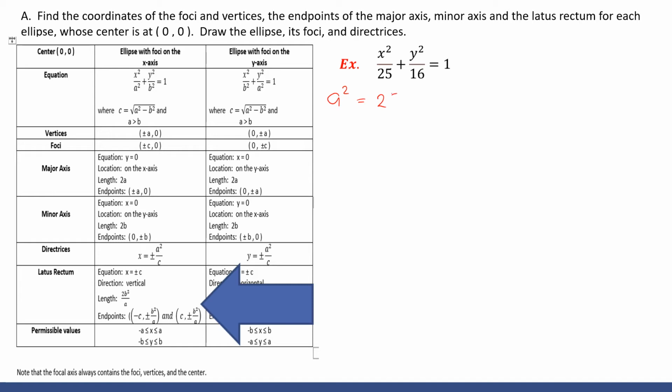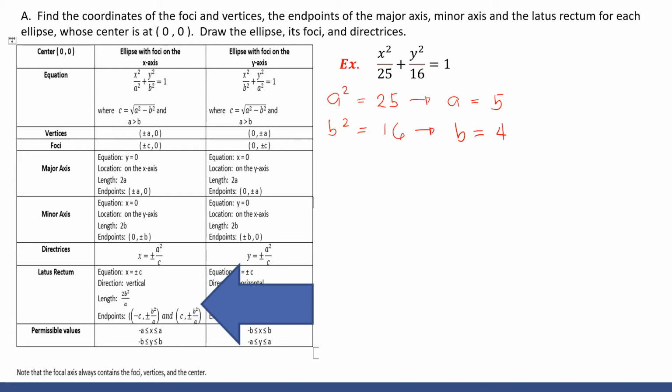And since a squared is equal to 25, sa makatuwid, ang a natin is 5. Okay? While the other, 16, is our b squared. And since b squared is equal to 16, lumalabas, b is equal to 4. Again, take note that a should be greater than b. As you can see, 5 is greater than 4.